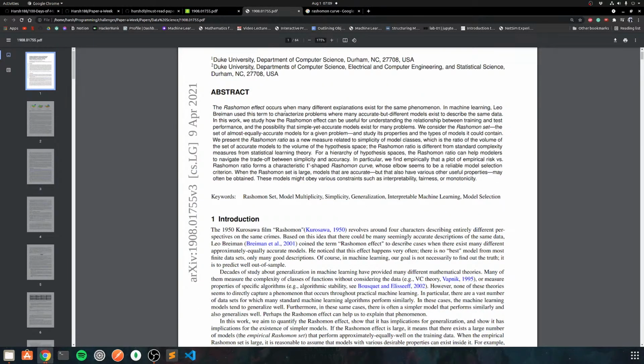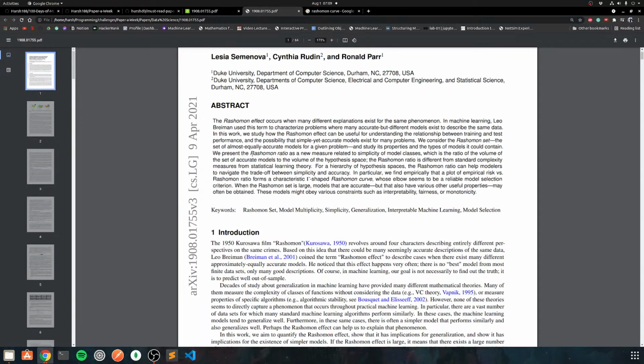And so this paper is going to introduce something called the Rashomon ratio, which is a new measure to determine the ratio of the volume of the set of accurate models to the volume of the hypothesis space. It's just a way to relate similar yet accurate models for the same problem.